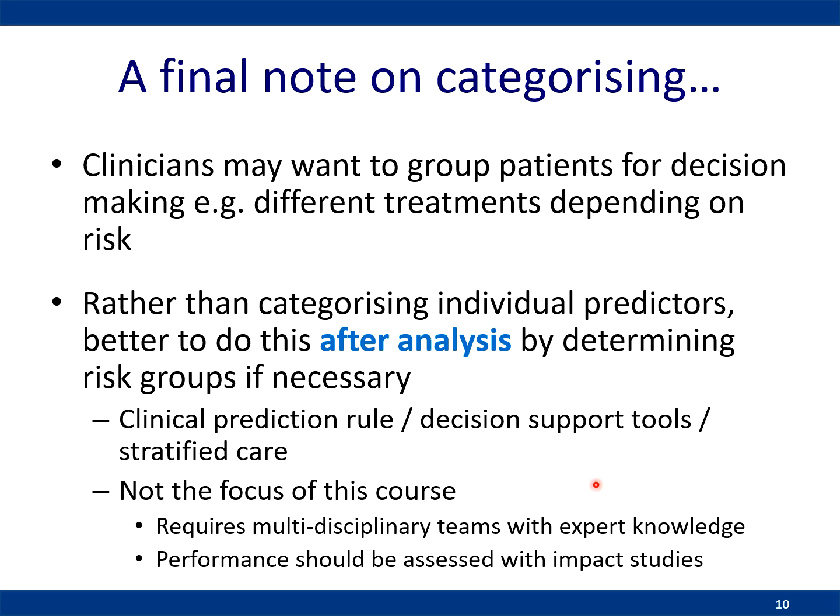But this requires a multidisciplinary team with expert knowledge on the topic to know how to treat the different risk groups, and therefore that's beyond the scope of this course. And also with the use of clinical prediction rules and decision support tools, we would also want to evaluate the performance of this to know that it actually improves patient outcomes. So ideally these should be assessed with impact studies.